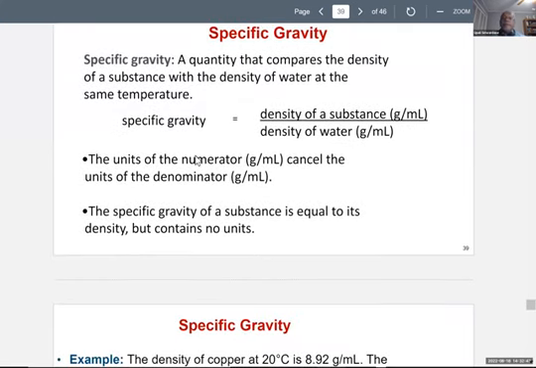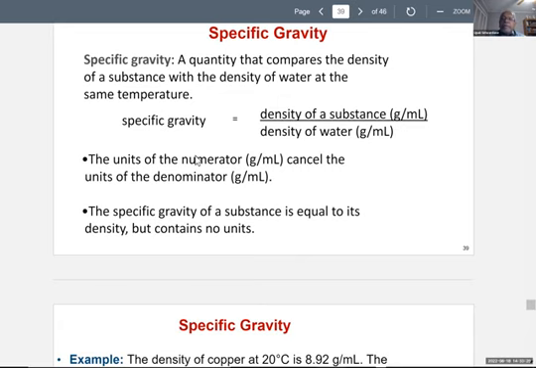Another way to express density is specific gravity. You can obtain specific gravity of a sample of a piece of substance, object: density divided by density of water. Density of water is 1 gram per milliliter. Therefore, the denominator when you calculate specific gravity is equal to 1 for water. When you get the density divided by 1, the units cancel off.